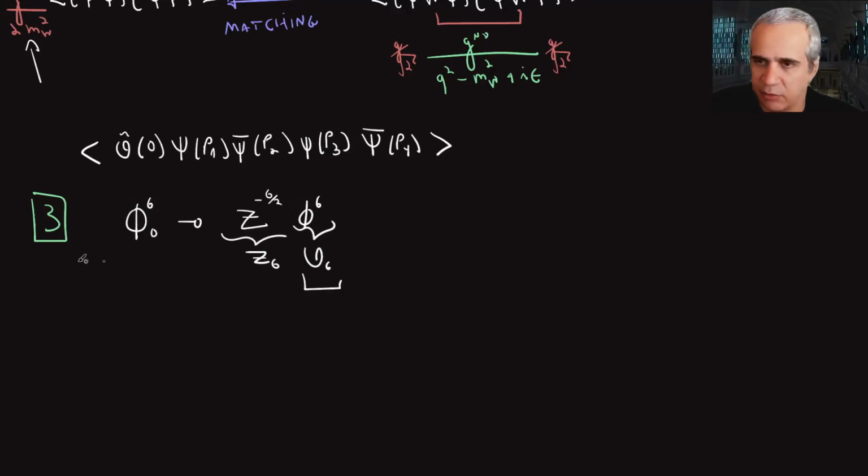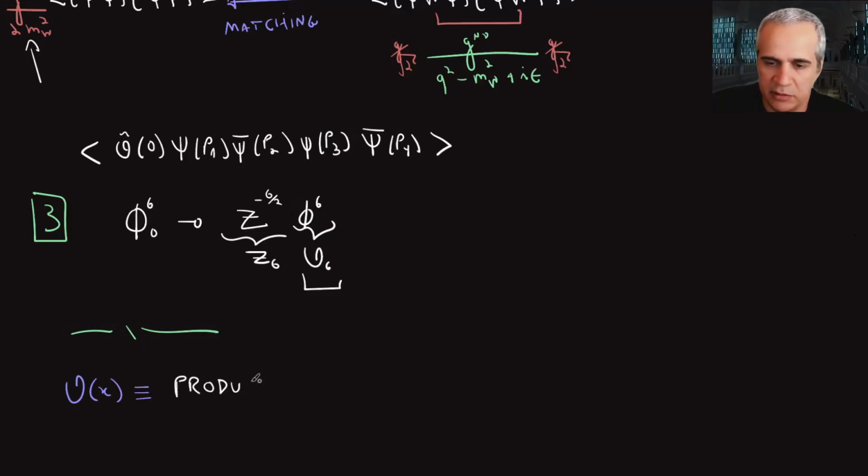In any case, whatever is the case you're interested in, we'll define some operator. And now we'll limit ourselves to scalar theories just to simplify. This operator is now some product of scalar fields, a product of phi's to some power, and that's the operator we are interested in.